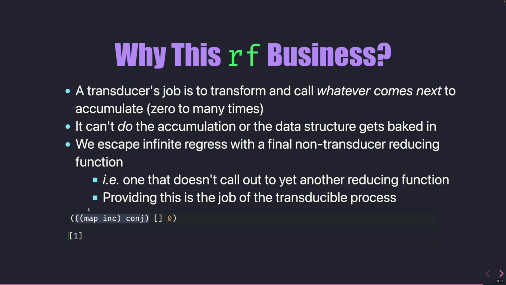What does that reducing function do? Well, logically, it must increment each value and then call conj. But regardless of exactly what it does, we know that it is a reducing function. So we know that we should be able to call it on a collection and a value. And here's our output, right? So we see that, in fact, we took 0, we incremented it, we conjed it onto this vector, and we got out the one we would expect.